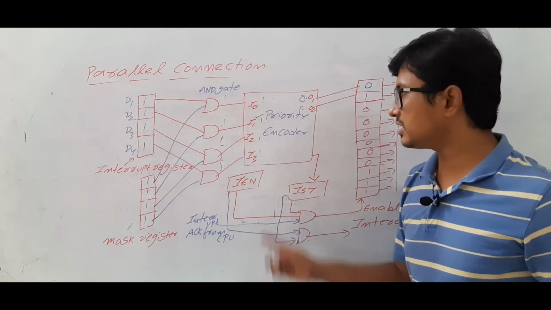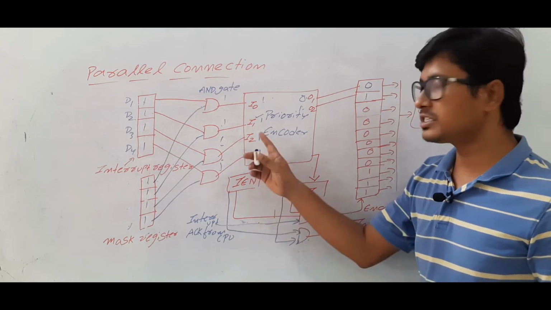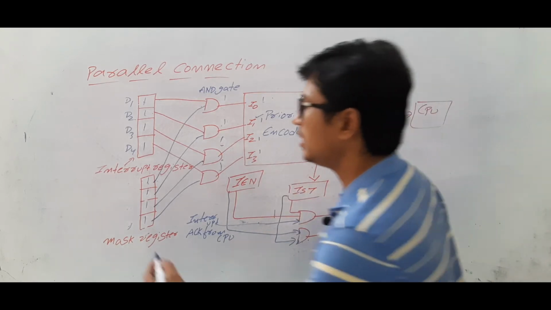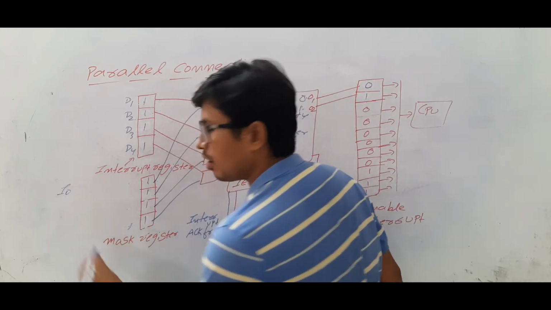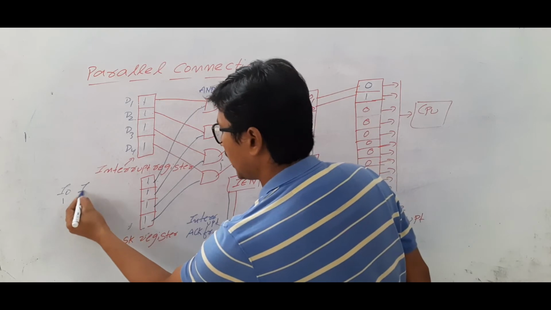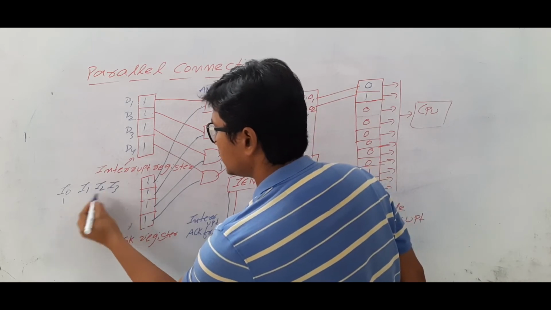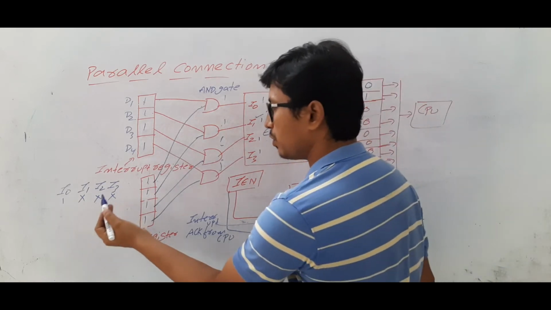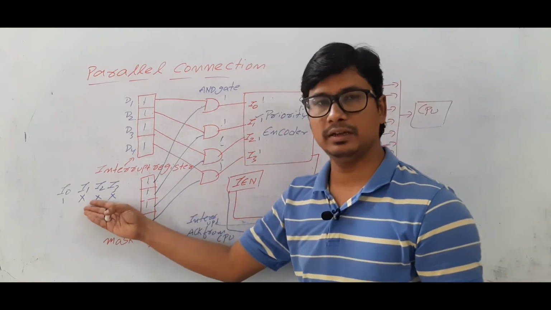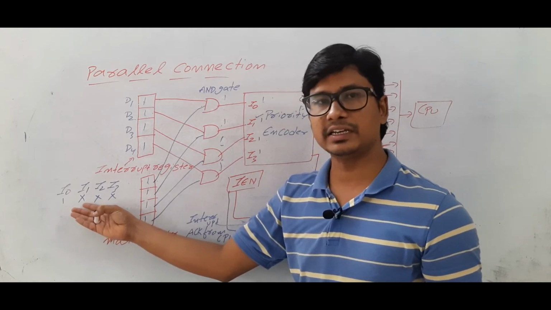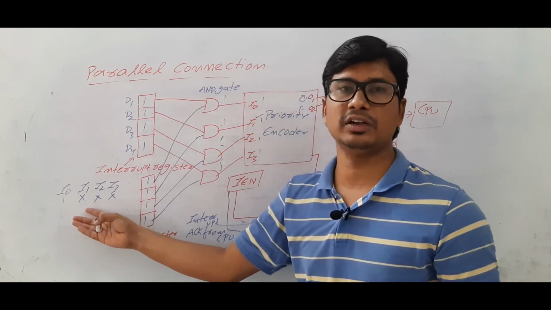As you see, this is not a simple encoder, it is a priority encoder. If it is a priority encoder, what is the meaning? If I0 is 1, then I1, I2, I3, whether they are 0 or 1, it means don't care. Are you able to understand? Those who have studied digital logic design can understand what is meant by this X. We call it a don't care condition.